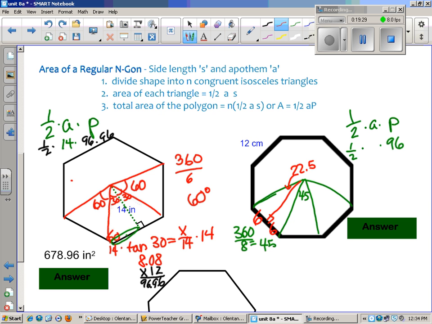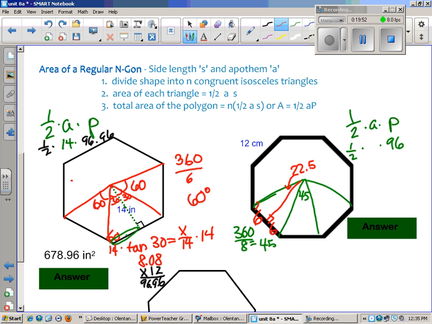Okay. And if you don't like to have the x on the bottom of the fraction, like if you don't want to solve that way, you can also figure out this angle, because if that's 22 and a half, 22 and a half minus 90 would be what, 67 and a half? So you could find that angle and use that too if you want.